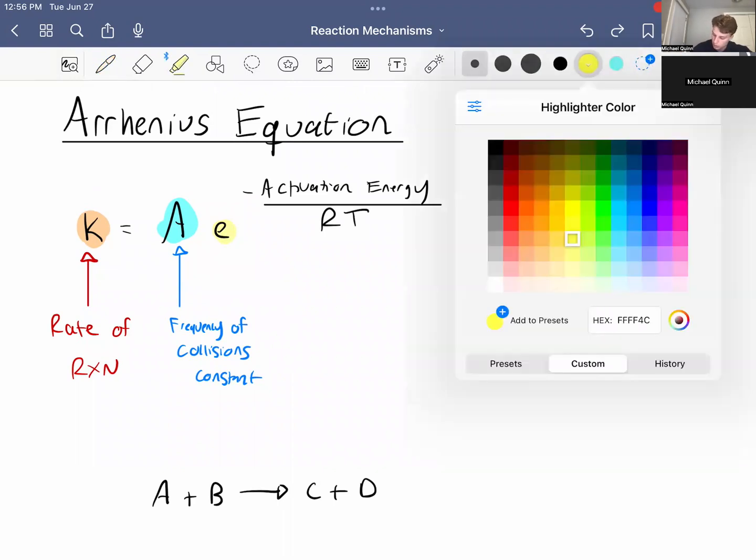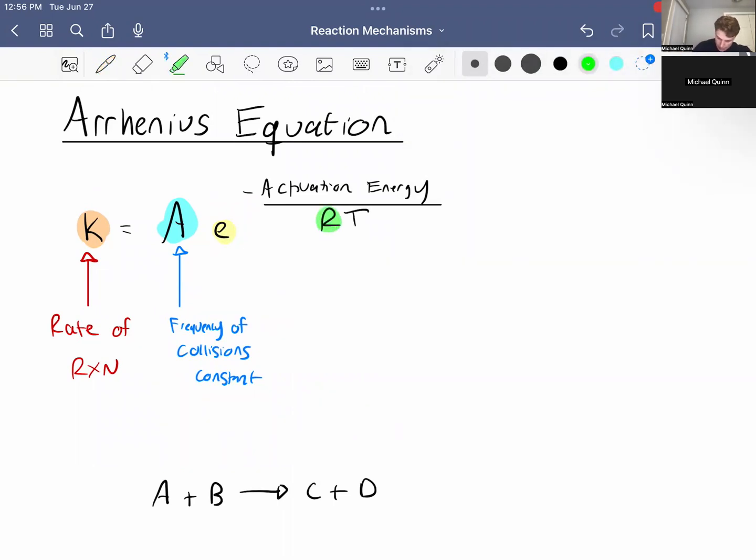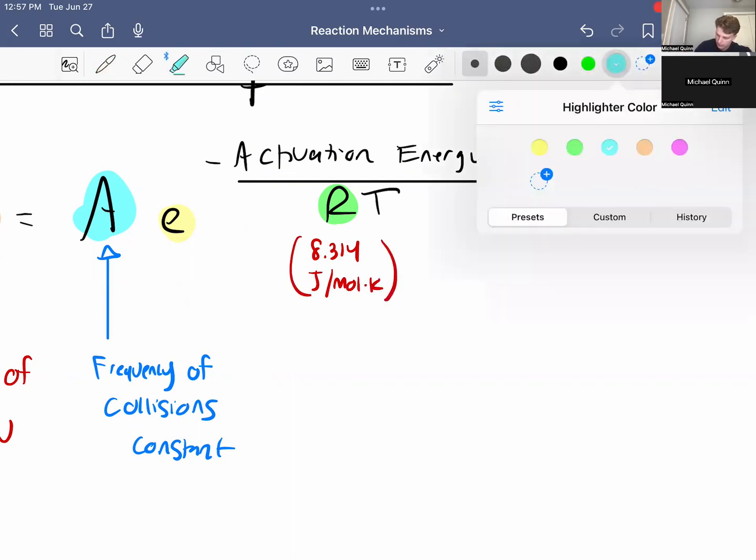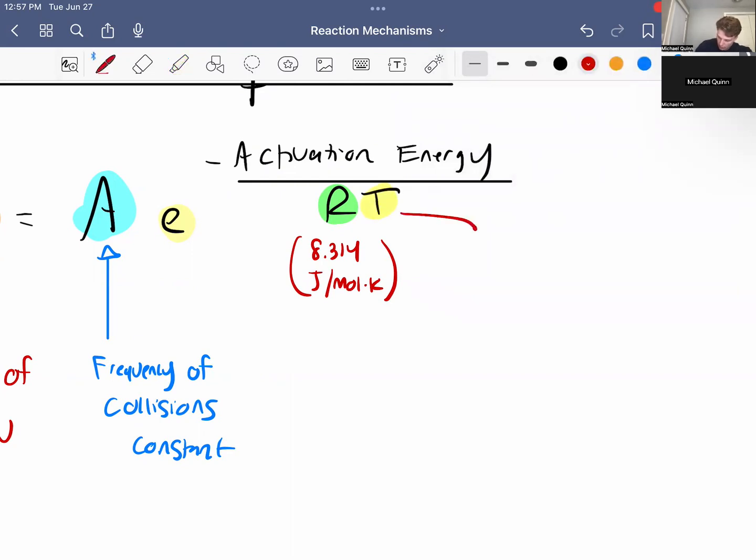R is the ideal gas constant. This is 8.314 joules per mole times Kelvin. That is a constant, and T is the temperature that we run this reaction at.